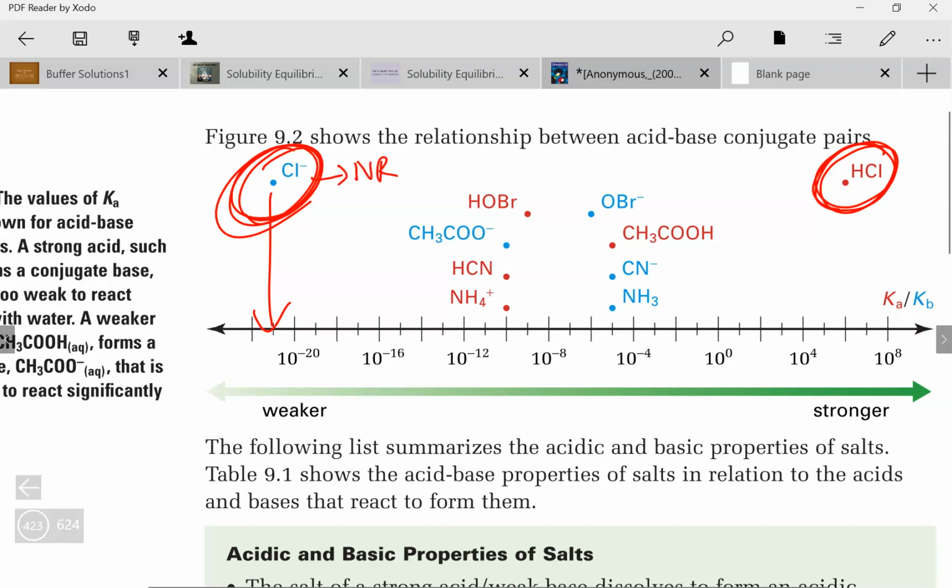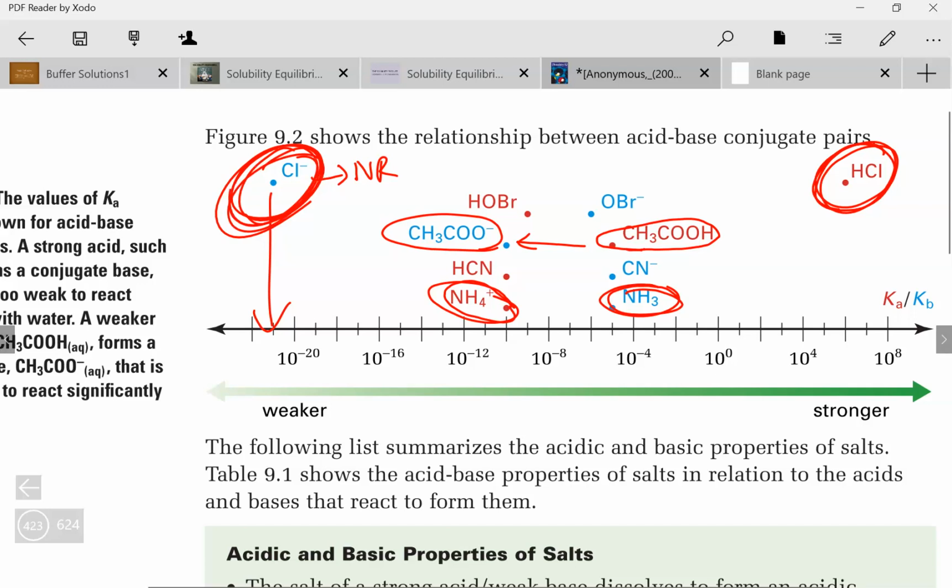But any weak acid-base pair is different. Let's take ammonia as a weak base. The conjugate acid, ammonium, is also weak, but it's an acid, of course. Let's take acetic acid. It's a weak acid, and its conjugate base is also weak. It's not super weak like the chloride.